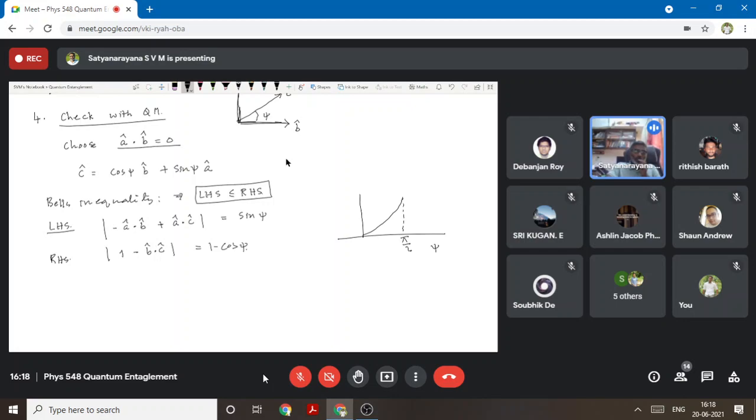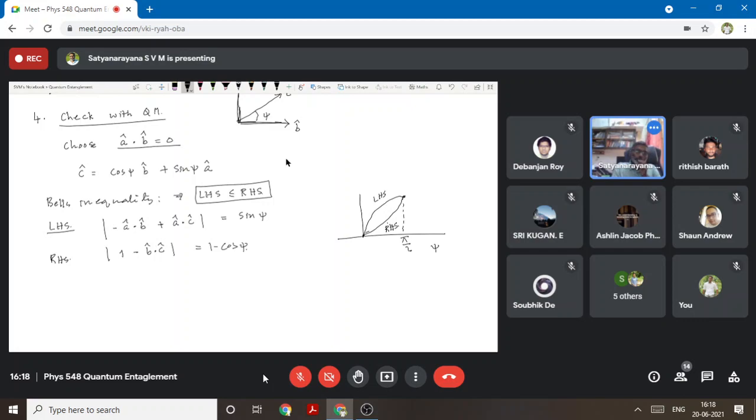Whereas what is sine psi? Sine psi is something like this. It goes to 1. So this is your LHS and this is your RHS. Now you can see LHS is always greater than RHS, except at these 2 points, at 0 and 1, where it is equal. Except at those 2 points, at all other points, this is actually violating this inequality.